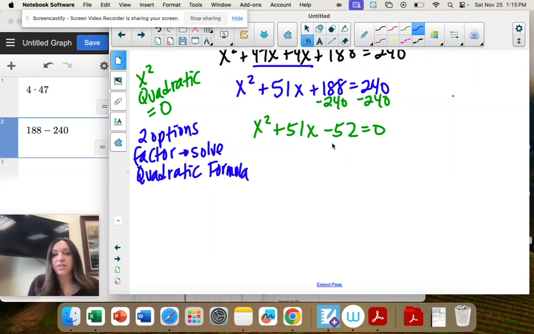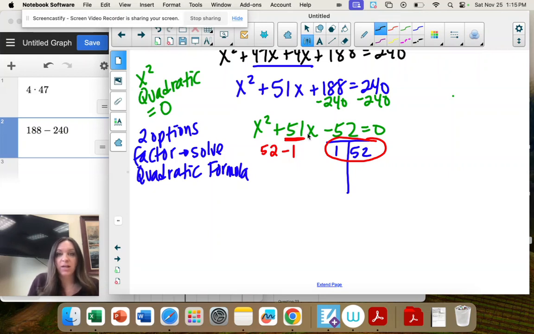When you're equal to 0 and you're factoring, you find factors of 52. And my first one is the winner. I could list them all out, but I'm trying to add or subtract to 51. And I'm there already with this one. 52 minus 1 is 51. And I'm done.